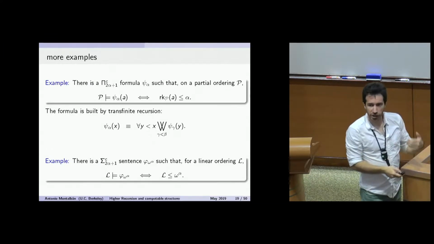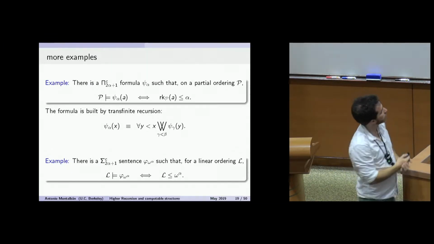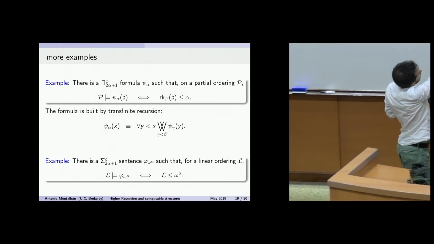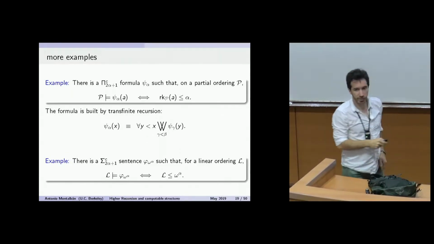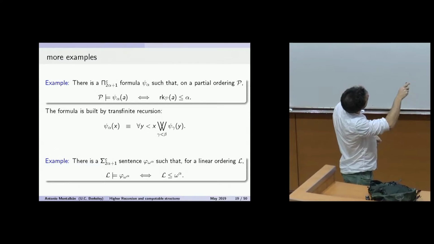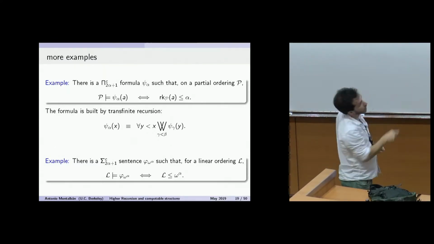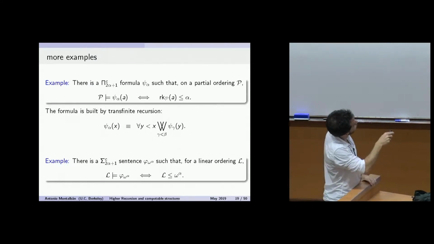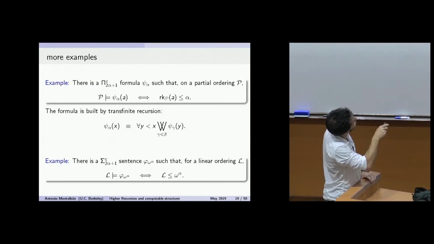In the case of a linear ordering, there are better formulas. So in this case, you can write a formula phi sub omega^alpha that says that a linear ordering is less than or equal to omega^alpha, and the complexity of this one is 2 alpha plus 1.